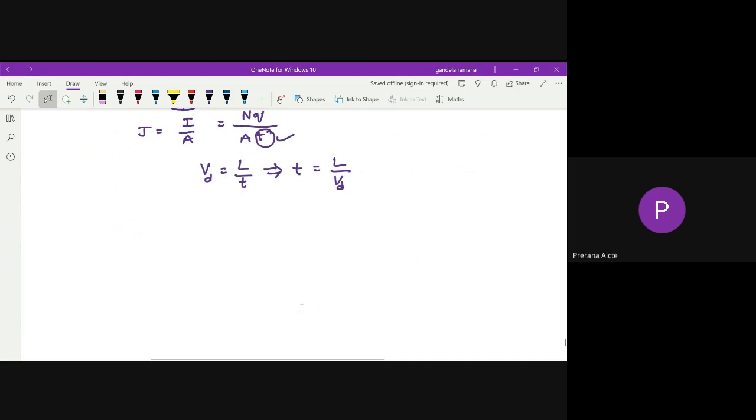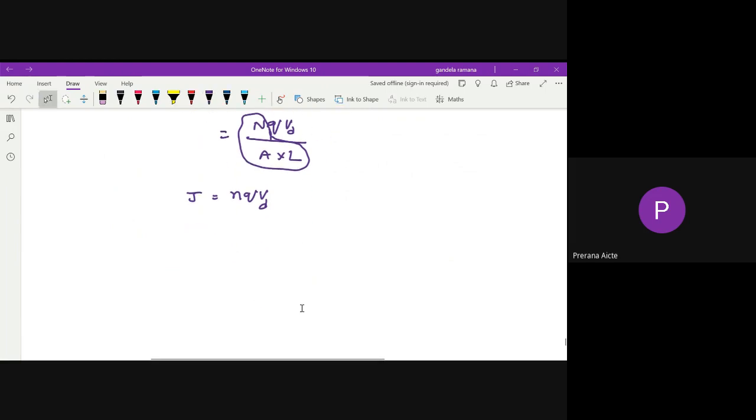Substituting T is equal to L by Vd, we get N Q Vd by A into L. A into L is the volume, so electrons per unit volume is nothing but N. So J is equal to N into Q into drift velocity Vd.